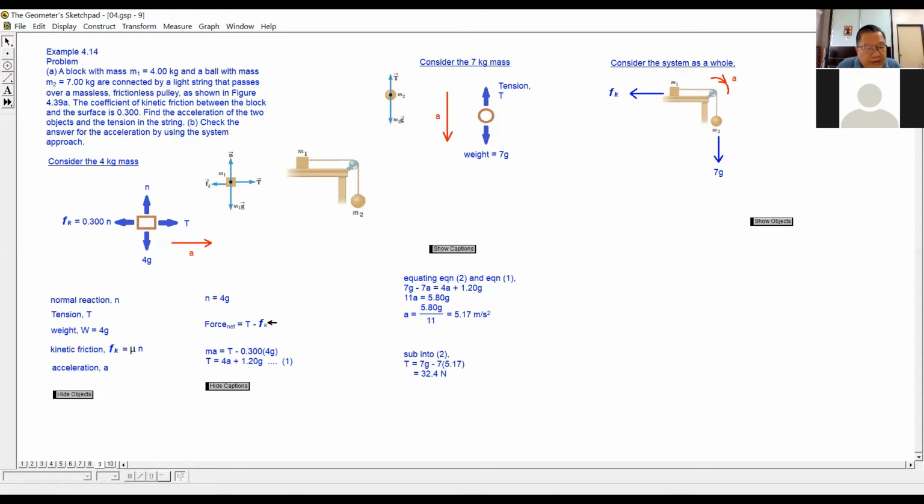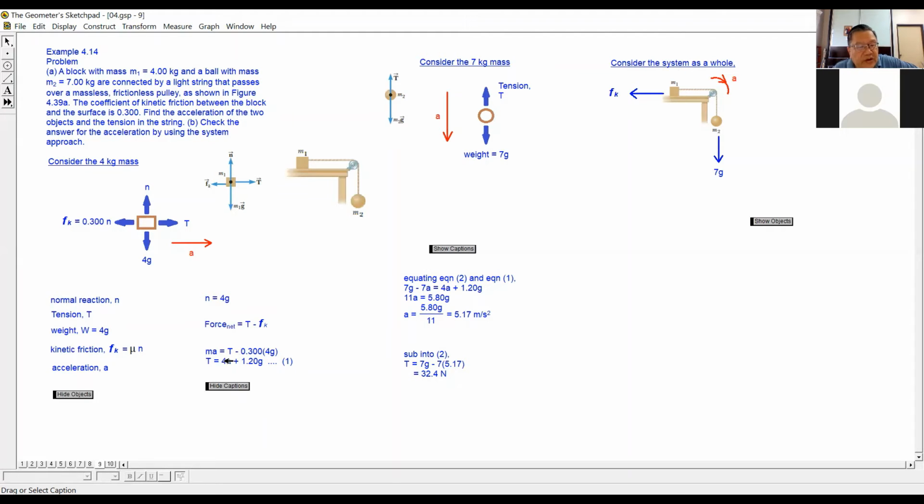So we still copy the T, but the frictional force you replace with mu n. Mu is the coefficient of friction, 0.3, and n is the normal reaction, which is 4g. So we have one equation here, and we're going to make the T the subject of the formula.